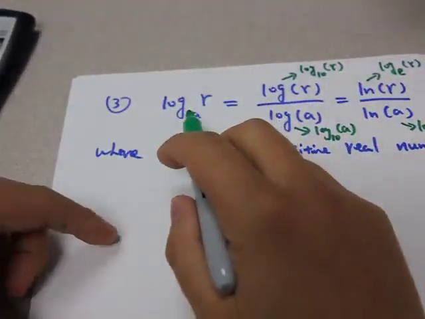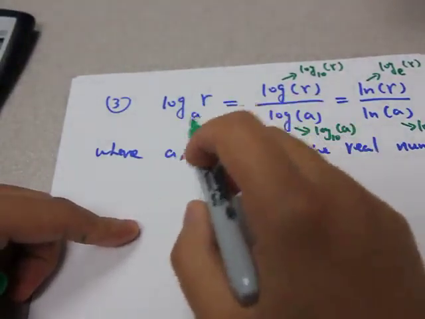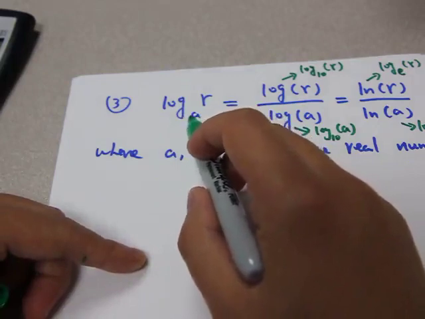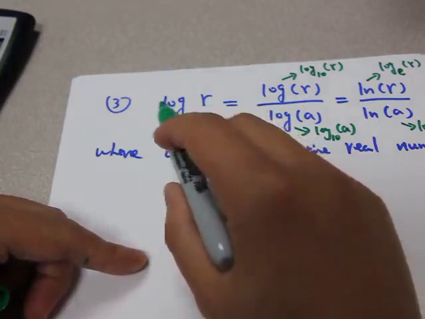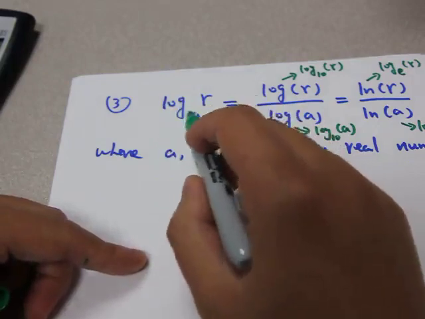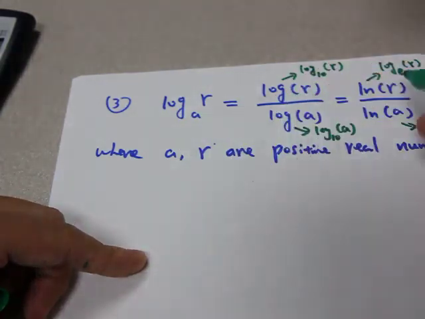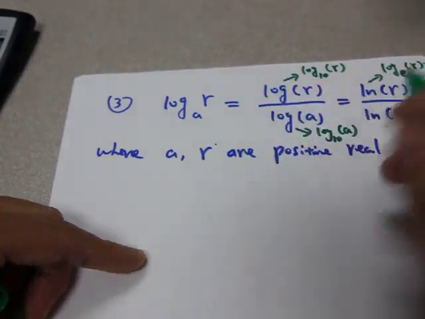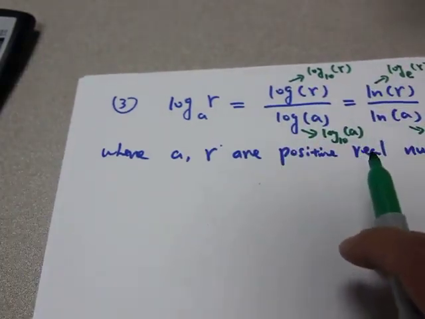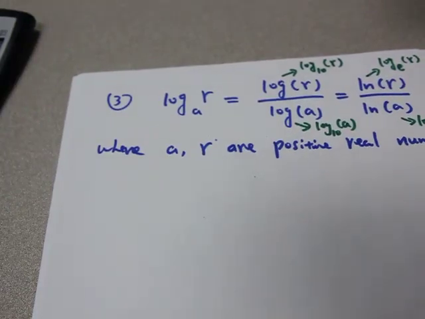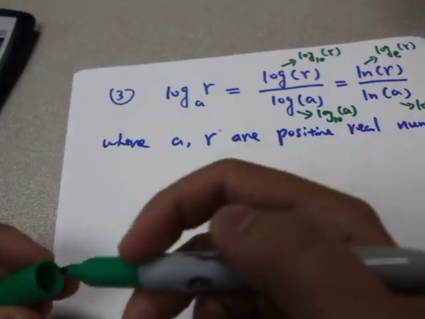So this property shows us that for any logarithm, no matter what the base is, we are able to find it by computing the ratio of these two. So from now on, we are able to evaluate any logarithm on a calculator.